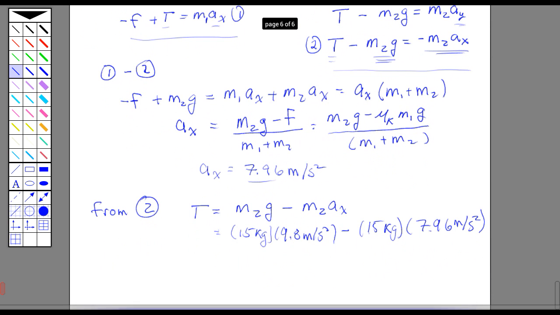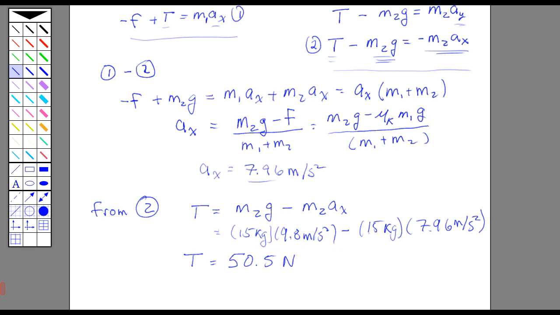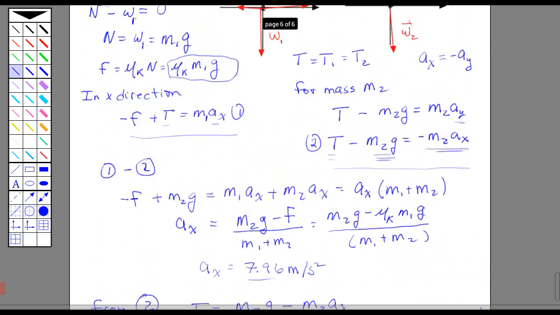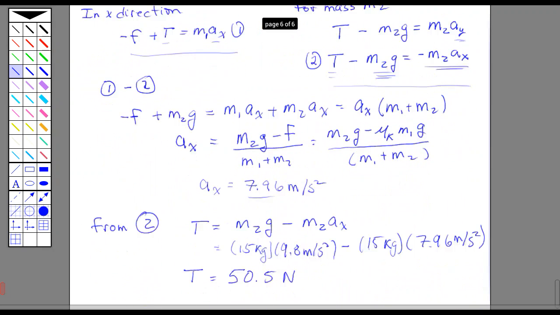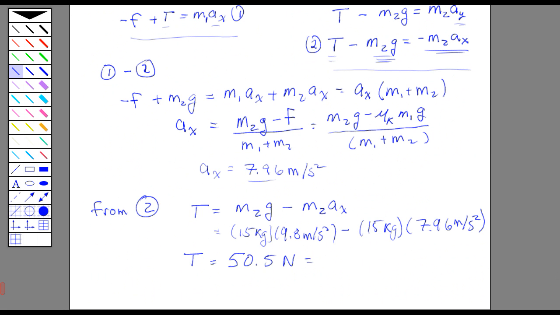And what we find is T, the magnitude of the tension force, is about 50.5 newtons. And our original problem is to 2 sig figs, so we can round this to 51 newtons.